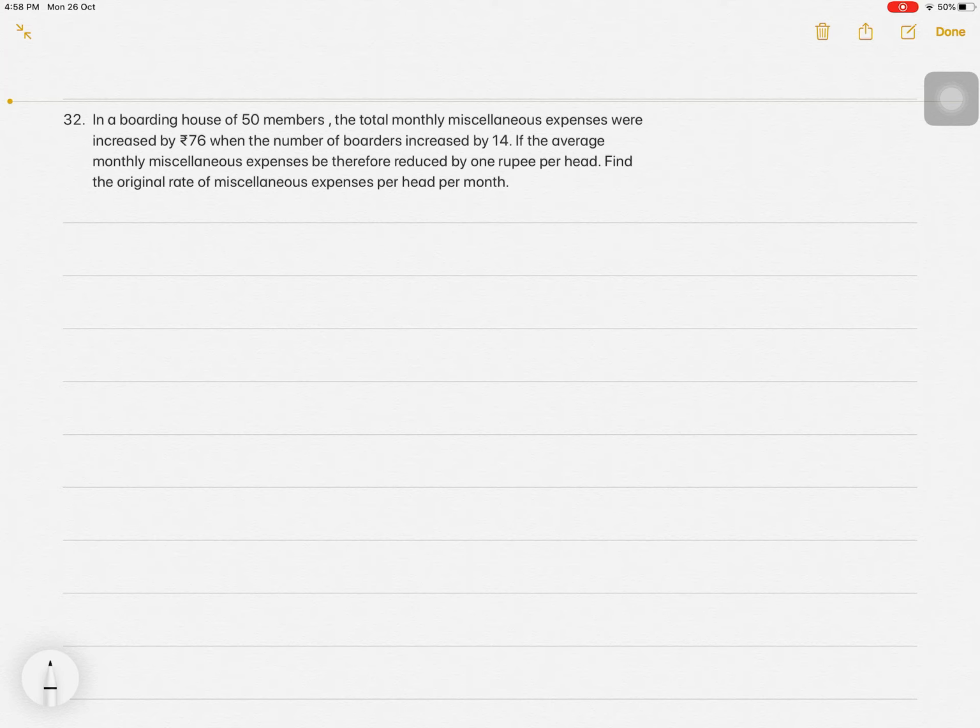Okay, got it. Now in a boarding house there are 50 members. Total miscellaneous expenses were increased by 76 when the number of boarders increased by 14. When there were 50 members, there was some expense.